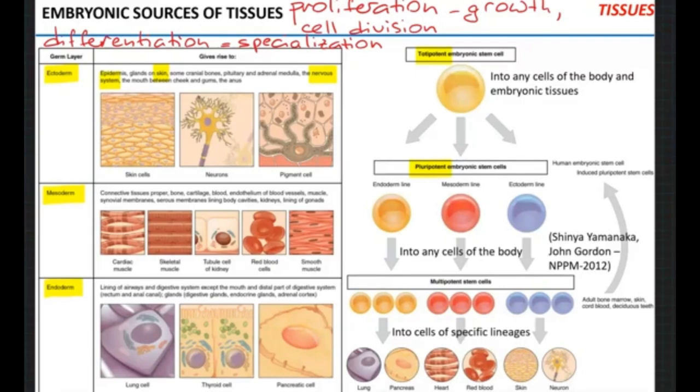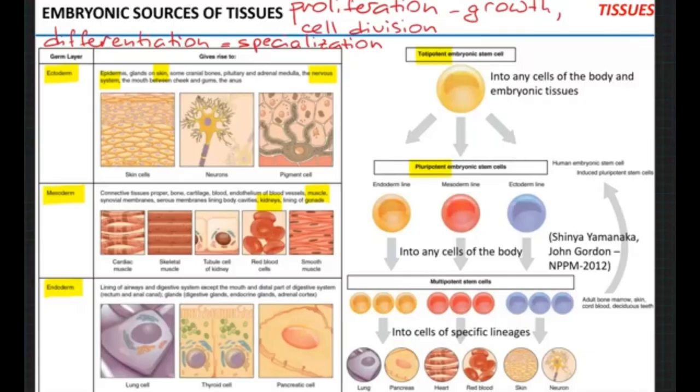Mesoderm, the two specific systems that you should be aware of, are muscles and renal system, kidneys and muscles, the product of the mesoderm. Kidneys. I highlight this.